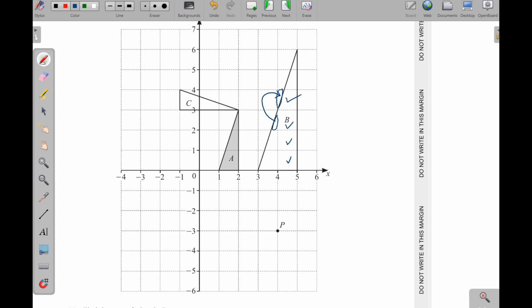Then we also have, which other one here? We need something like this enclosed inside to add onto this. It is here, this part here. If I bring it and I add it onto this one here, I'll make another full square.